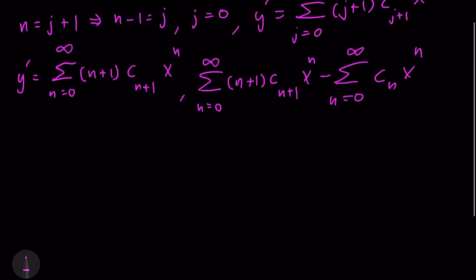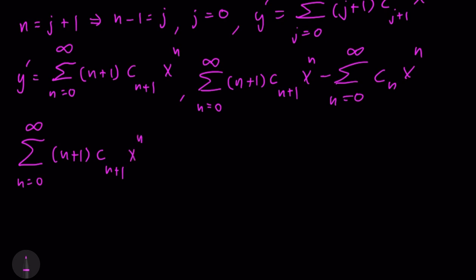And now we can combine these series into the sum from 0 to infinity of n plus 1 c sub n plus 1 x to the nth power minus c sub n x to the n equals 0.